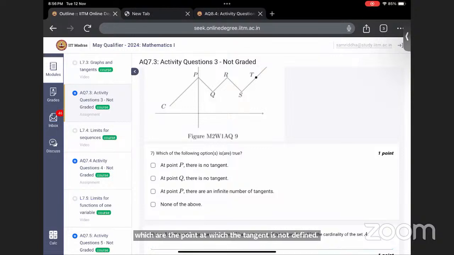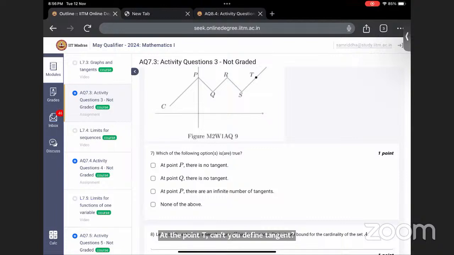Ma'am, in all points the tangents are not defined. In all points? Why? I mean, not in all points of the curve, right? At the point T, can't you define a tangent? Yes, ma'am, I can.